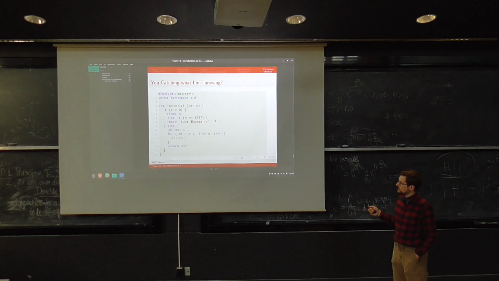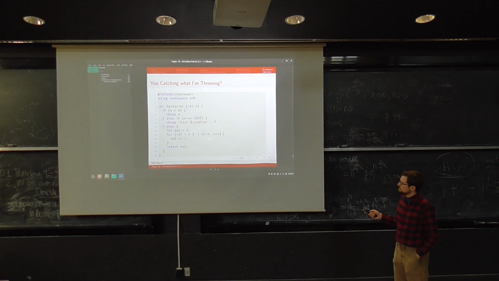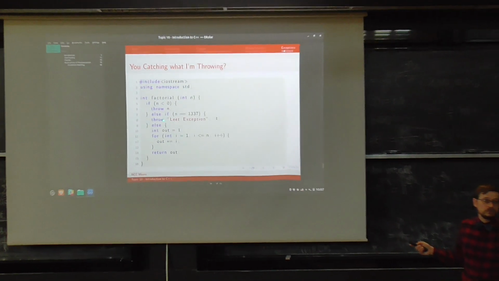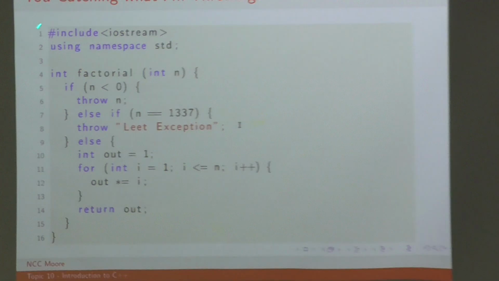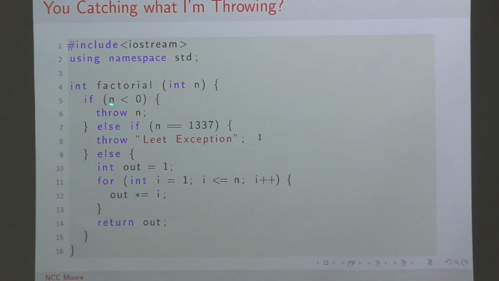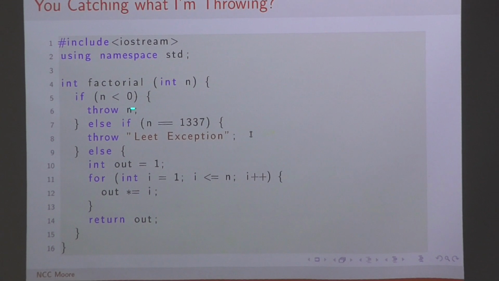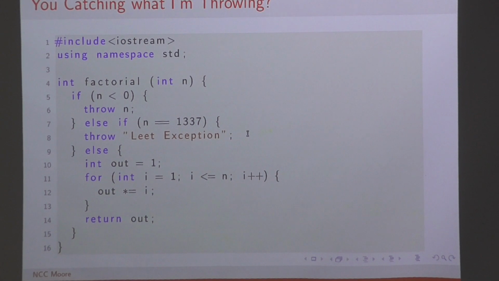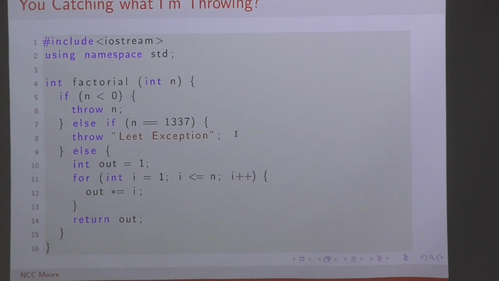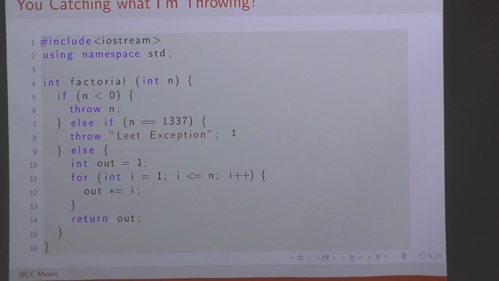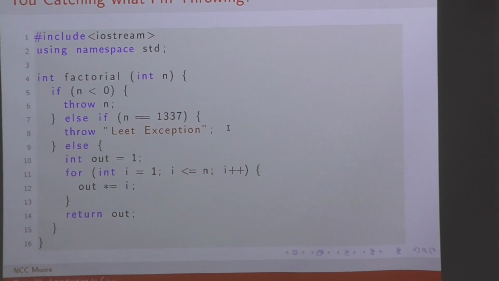Factorial, right? Just regular factorial calculation using a for loop down here. So, if n is less than 0, throw n, right? We all know that the factorial is not defined for negative numbers, right?